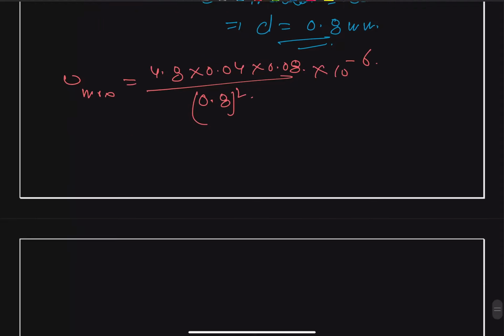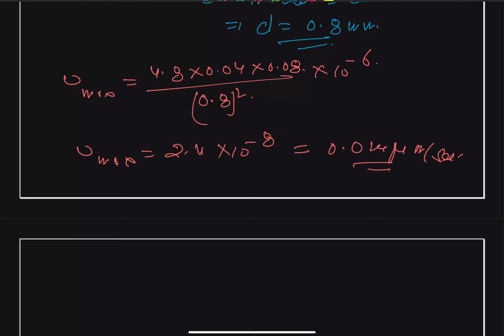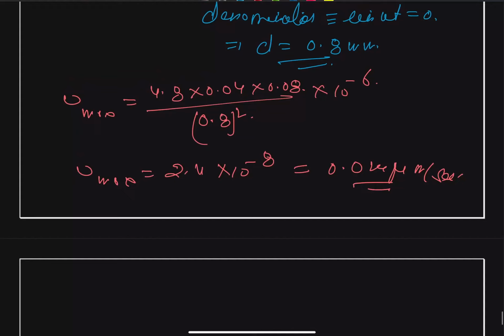So we get that our v max comes as 2.4 into 10 to the power minus 8, which is 0.024 micrometer per second. Okay, I forgot to convert this one. This is millimeter, so let me correct it here.